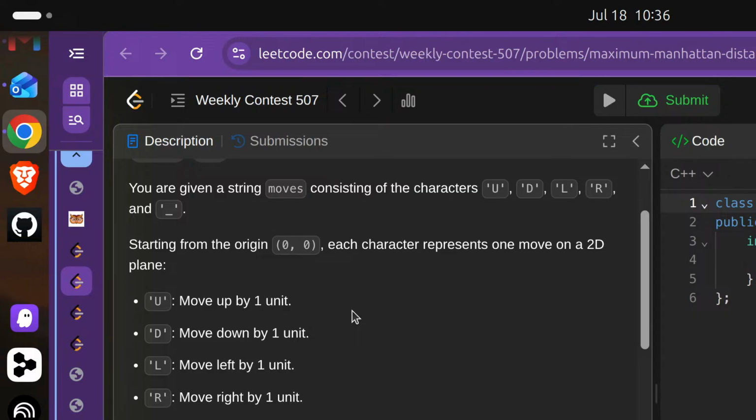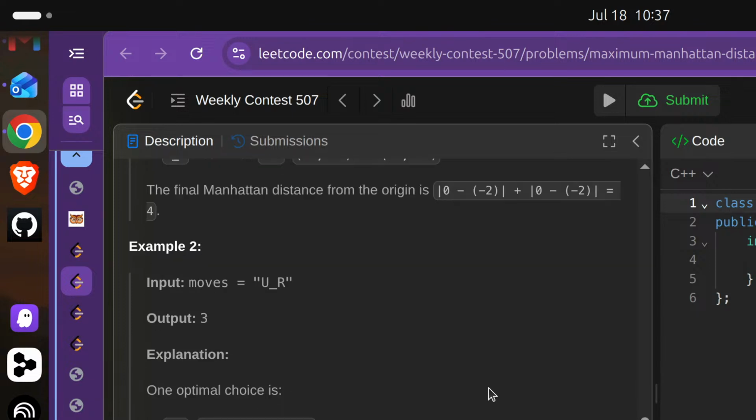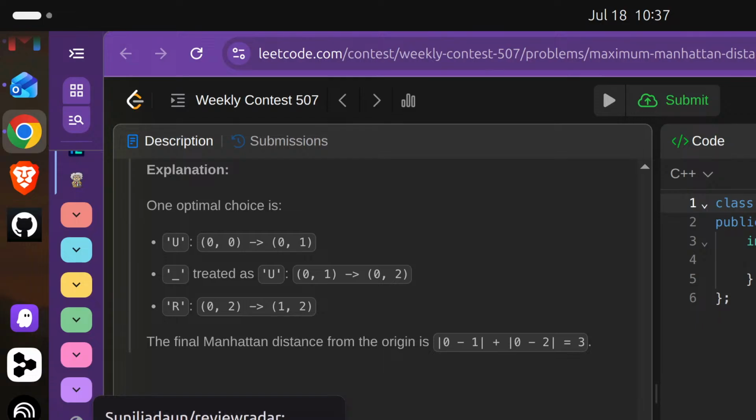So what is Manhattan distance? First we need to understand the Manhattan distance clearly, right?